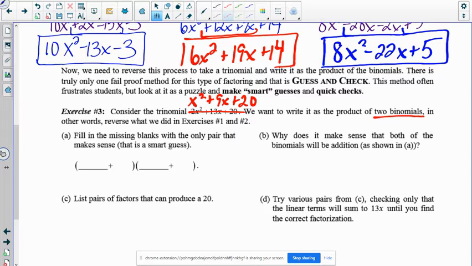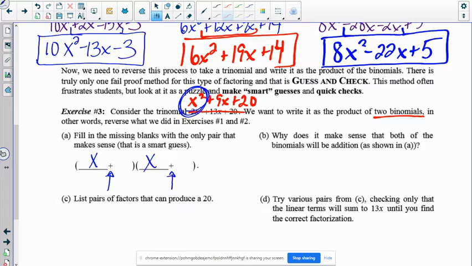The first blanks: what two things can I multiply together to give me this x squared? Hopefully you were thinking x and x, because x and x multiply together to be x squared. Why does it make sense that both of the binomials will be addition? I've already got this filled in for you as addition.